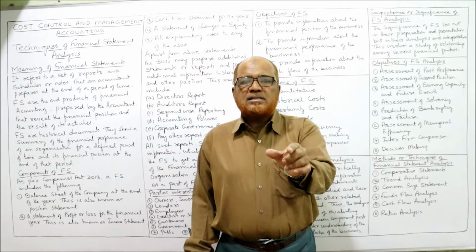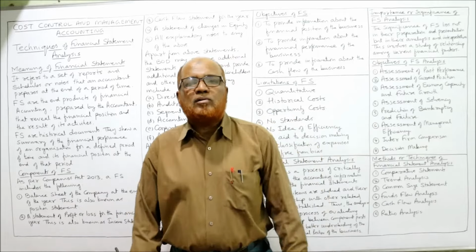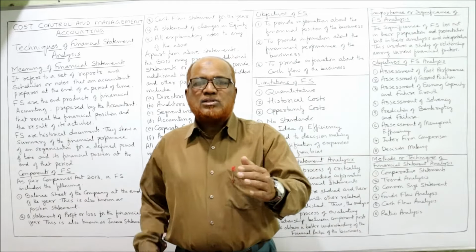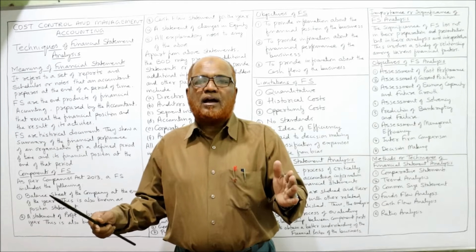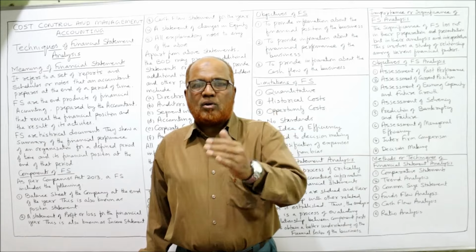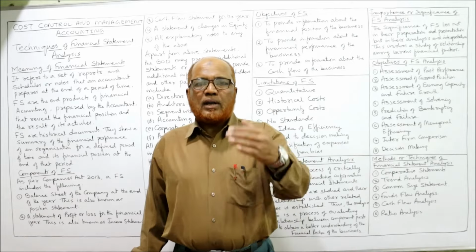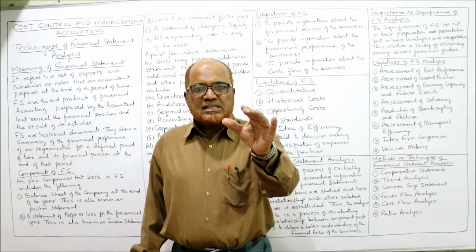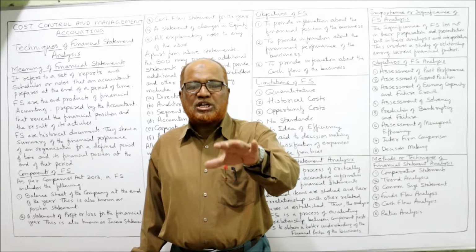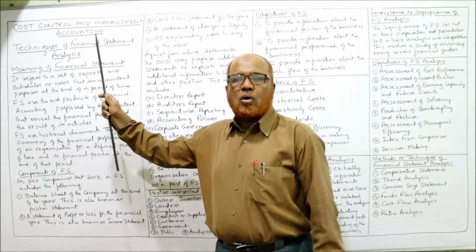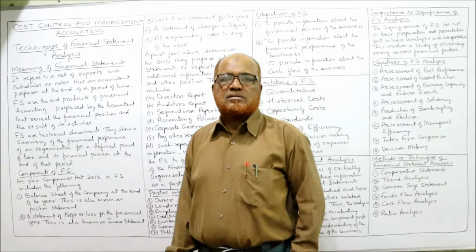By taking those balances, one statement is prepared called the trial balance. After making the trial balance, we make the final accounts. The final accounts consist of the profit and loss account and balance sheet, or income statement and position statement. These income statement and position statement which we prepare at the end of the year are called financial statements.